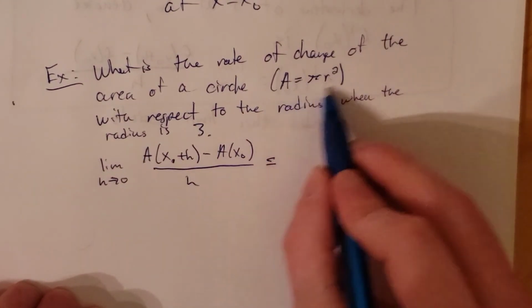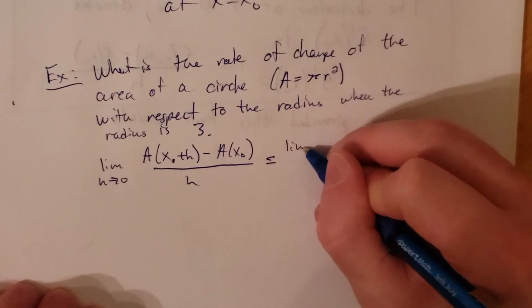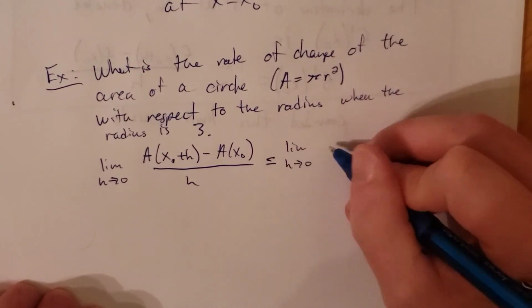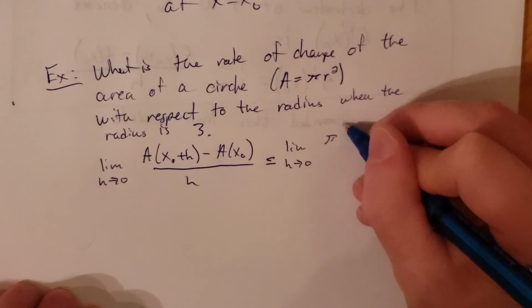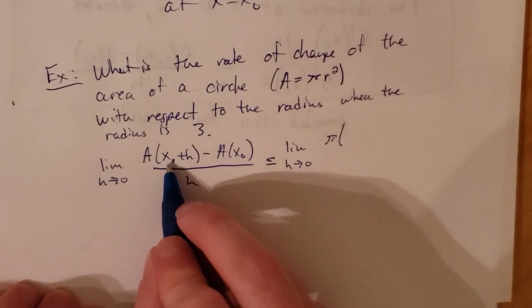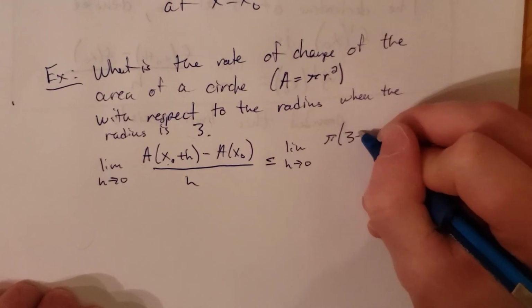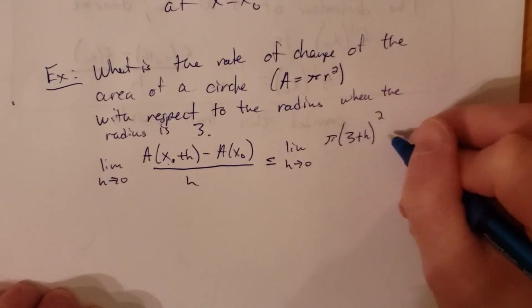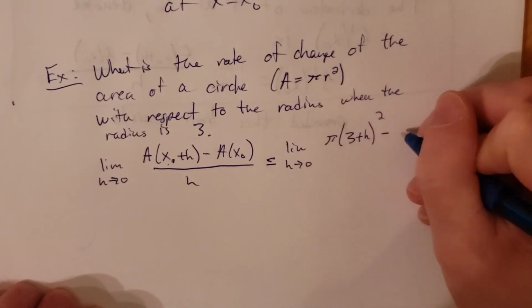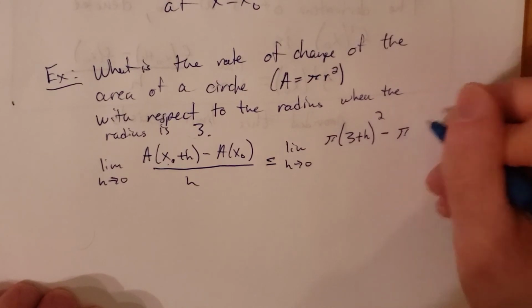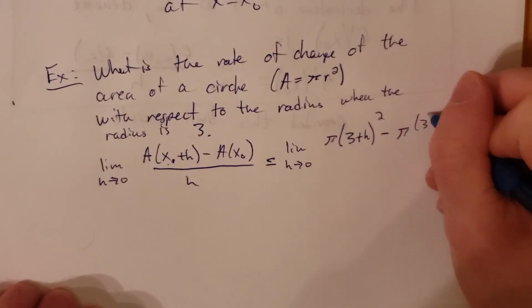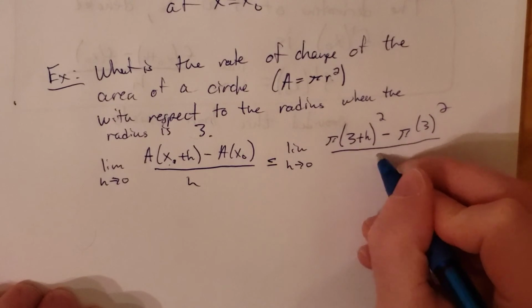The area function is up here, so this is the limit as h goes to 0 of pi times x naught, which was 3 in this problem, so 3 plus h quantity squared, minus pi times 3 squared, all over h.